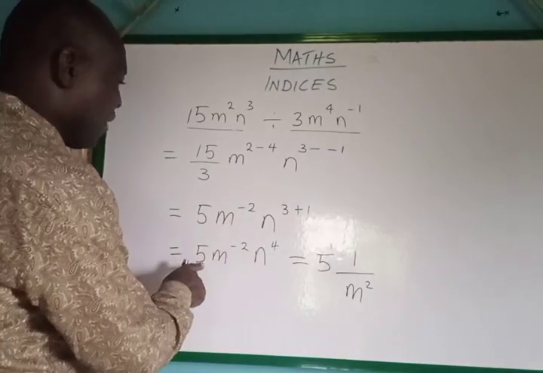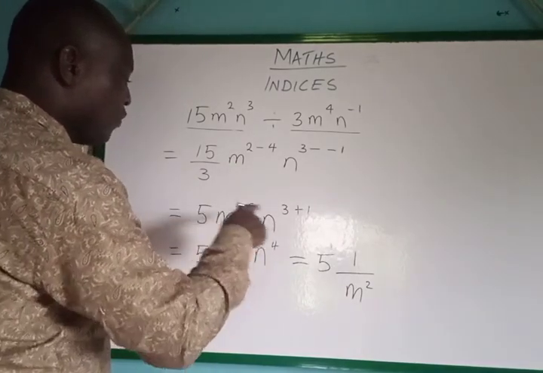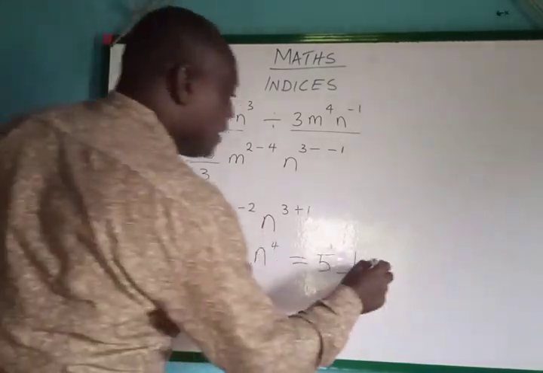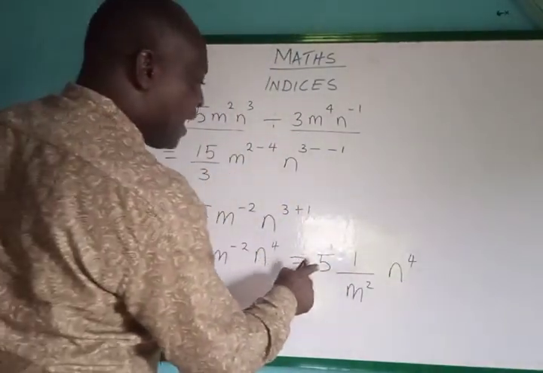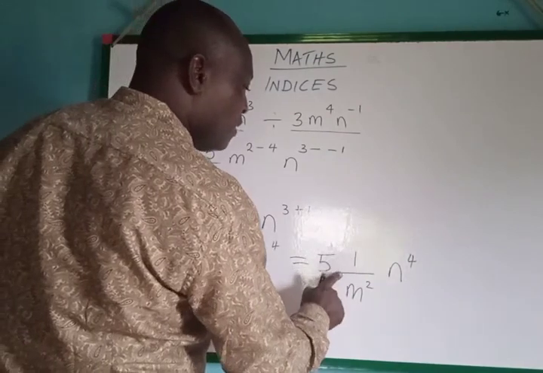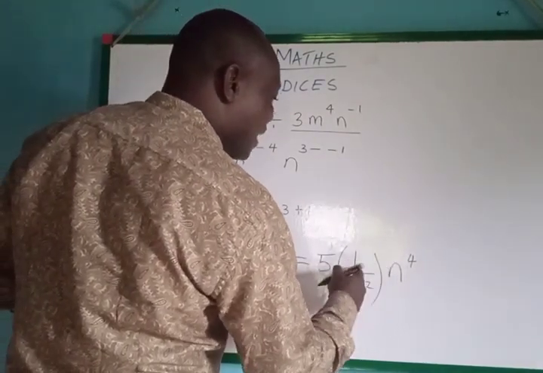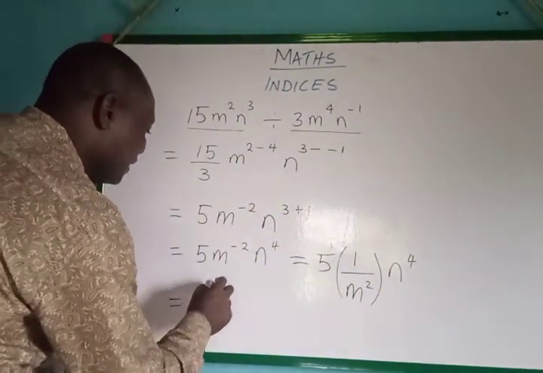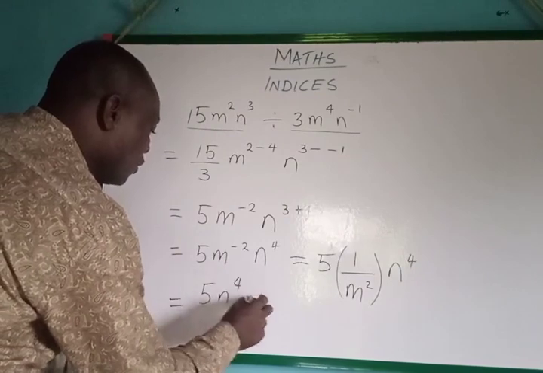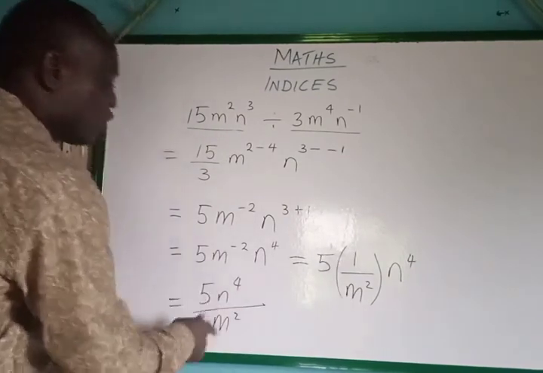So m raised to the power minus 2 becomes 1 all over m raised to the power 2. Then we have n raised to the power 4. If we multiply out, 5 times 1 will give us 5. 5 times n raised to the power 4 will give us 5n raised to the power 4 all over m raised to the power 2. So that is the expression we're having here.